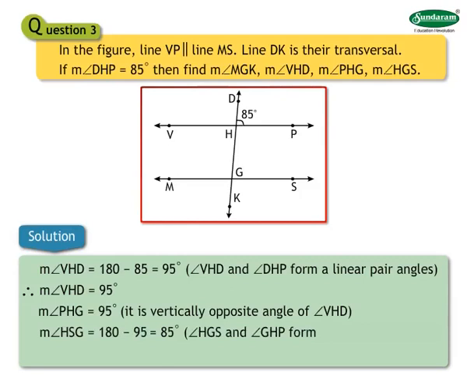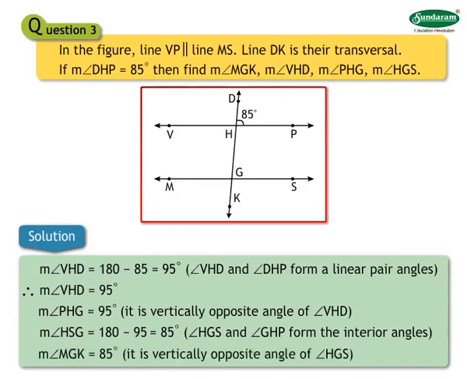Measure of angle HGS is equal to 180 minus 95 is equal to 85 degrees, as angle HGS and angle GHP form the interior angles. Measure of angle MGK is equal to 85 degrees, as it is the vertically opposite angle of angle HGS.